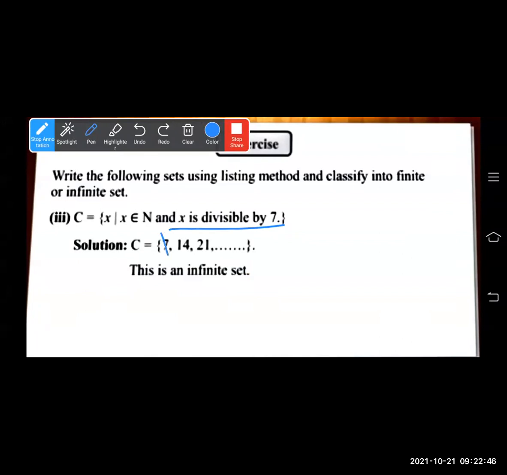So 7, 14, 21. There are infinite numbers in natural numbers which are divisible by 7. Therefore, this set is also an infinite set. But before writing that it is an infinite set, you have to list the elements in the listing method or roster method. Okay. So this set C is also an infinite set.